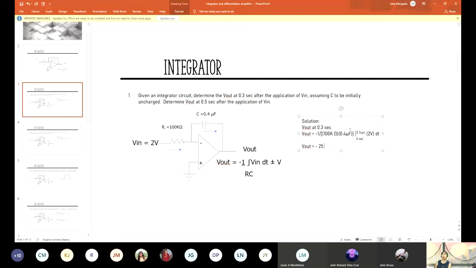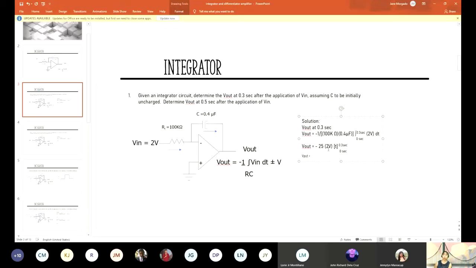Then we have the integral of 2 volts. The 2 volts is constant here, so we can take it out. The integral of dt is t, with limits from 0 to 0.3 second. Right?